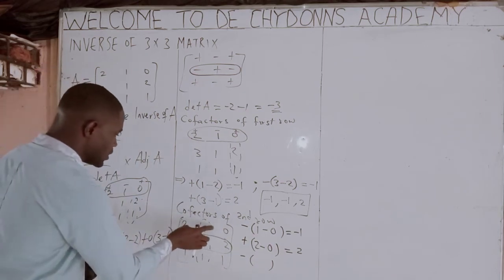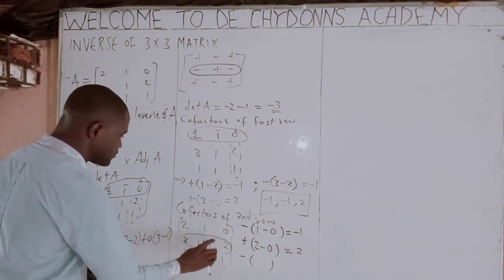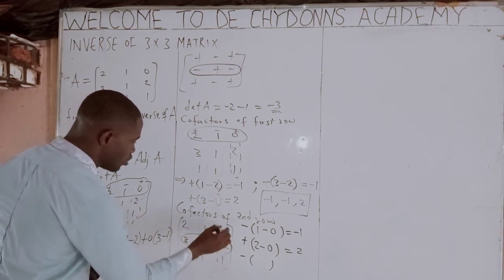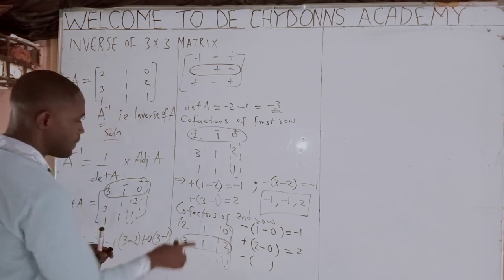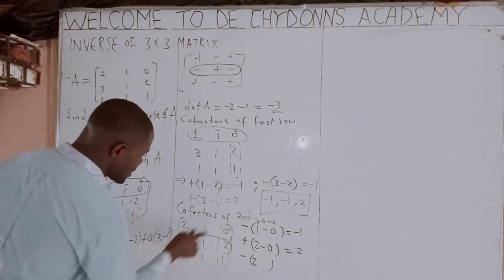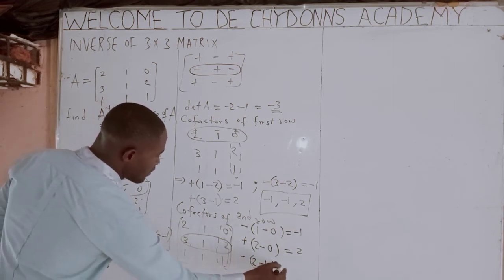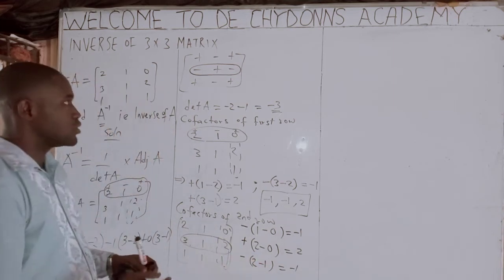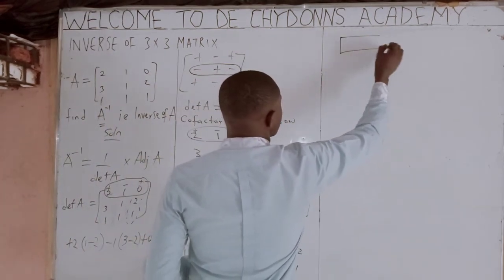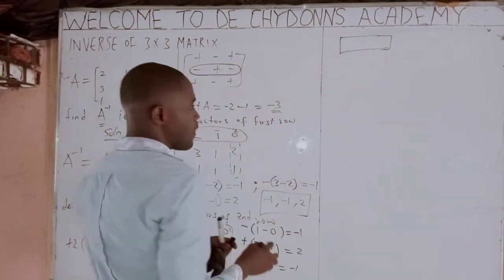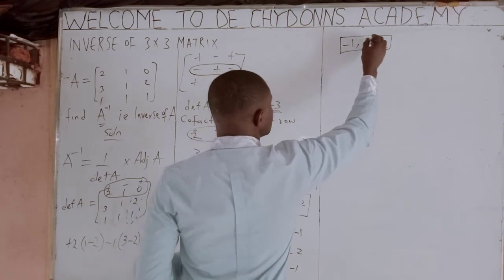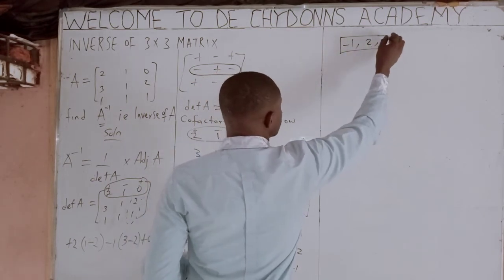Then we clean the second column we circled and hold the third column. 4 elements appear. 2 times 1, 2, minus 1 times 1, 1. That will be giving us minus 1. So the elements for the second row gave us minus 1, 2, and minus 1.